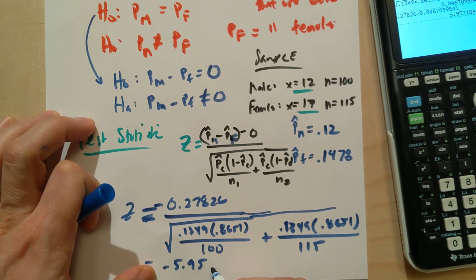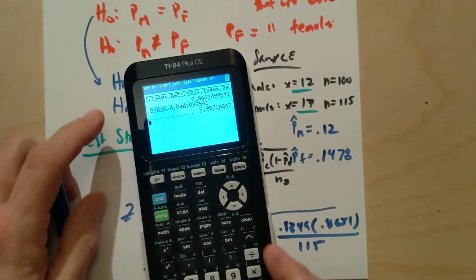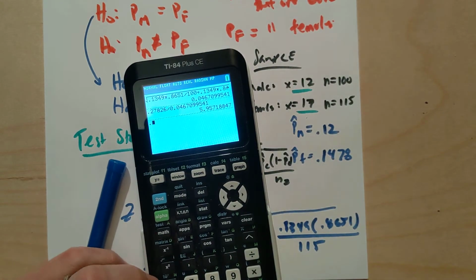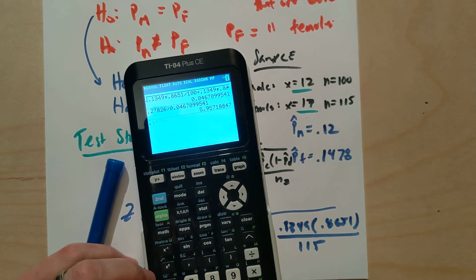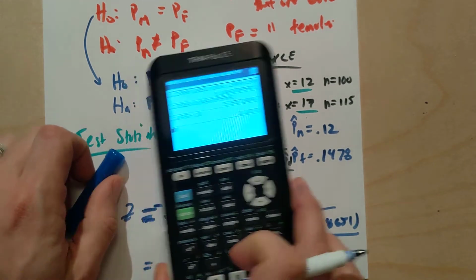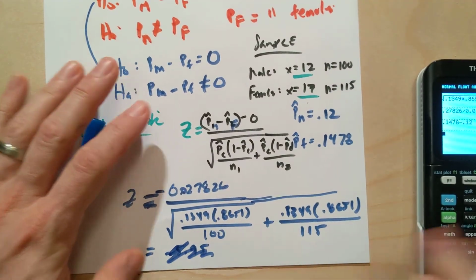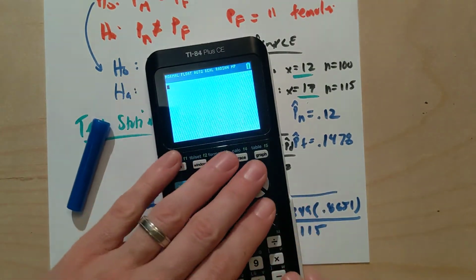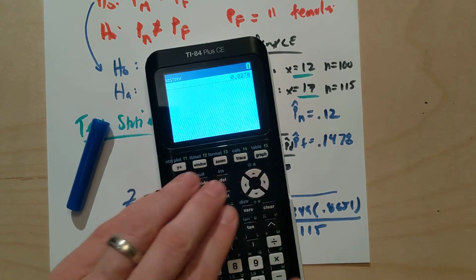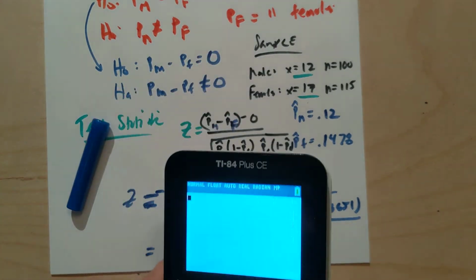What am I doing? Something doesn't seem right to me. Oh, do you know what I did? I just realized. When I did 0.1478 minus 0.12, that's 0.0278. Oh my gosh, I was about to say that z-score was way humongous. I could stop this video and restart it, but no, why would I do that? Let me redo the calculation.